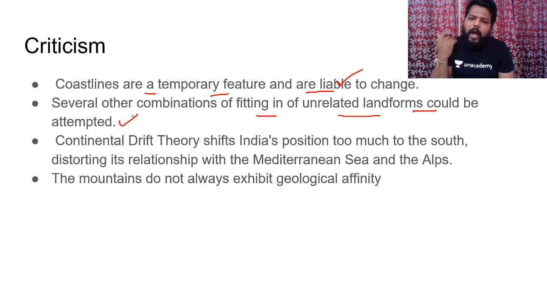So such unrelated continents can also have a match. And continental drift theory shifts India's position too much to the south, distorting its relationship with the Mediterranean Sea and Alps. But whenever we discuss the Himalayas, we consider that the Himalayan mountain ranges have some connection with the mid-world belt of mountains like the Hindu Kush chains and the Pamir Knot and all.